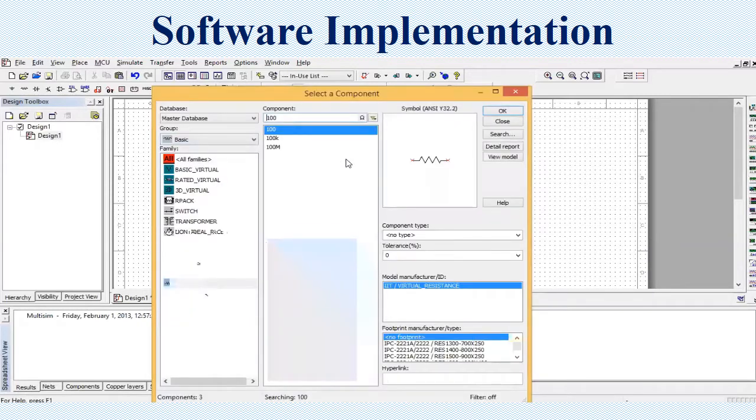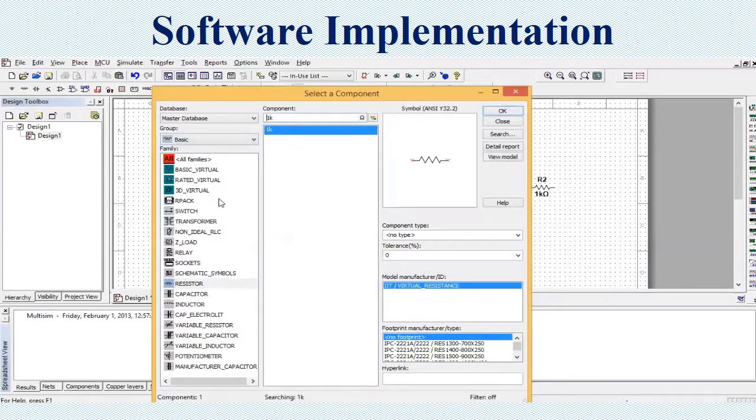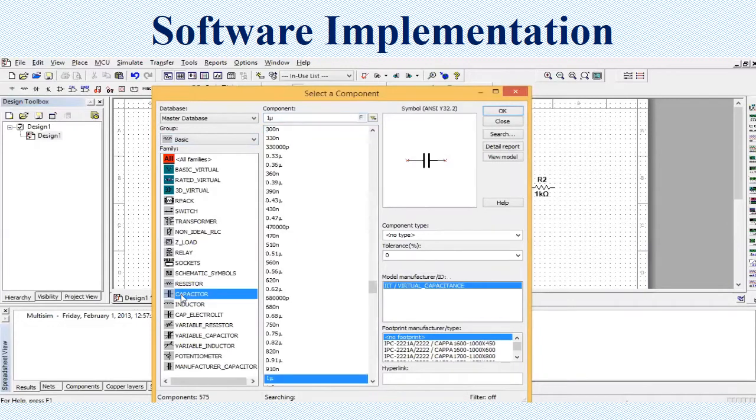Then I will pick the resistor of 1K. Then I will pick the capacitor of 1 microfarad.